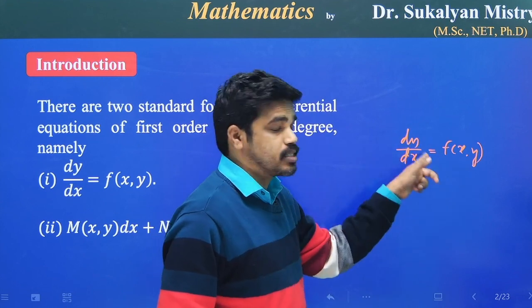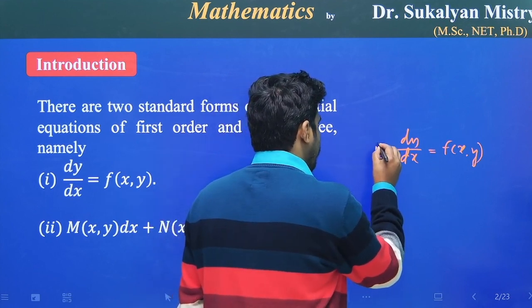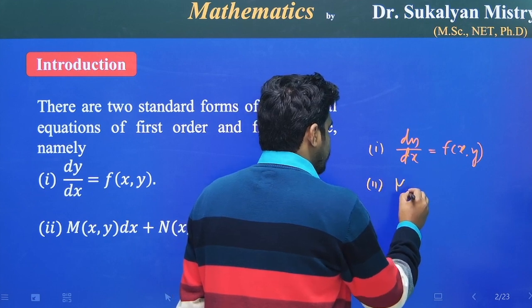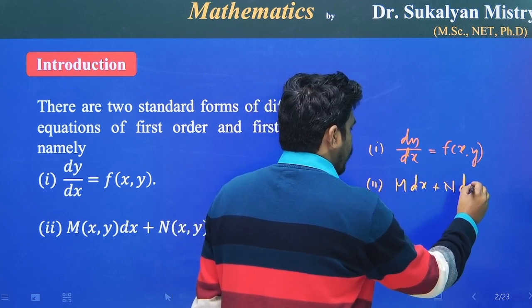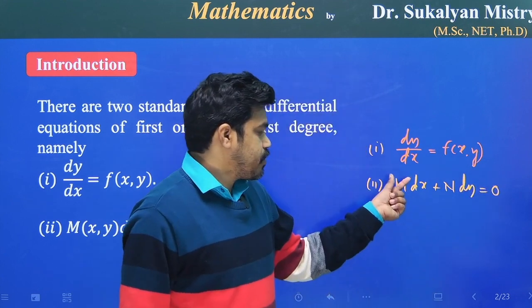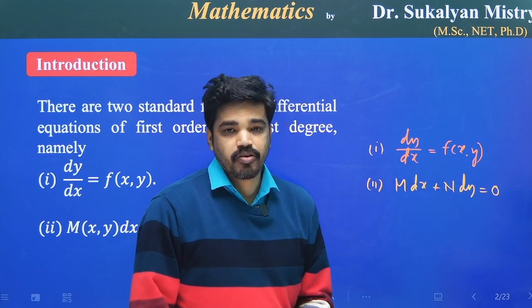This can also be written in the form M dx plus N dy is equal to 0. What is M? M is a function of x and y. What is N? N is a function of x and y.